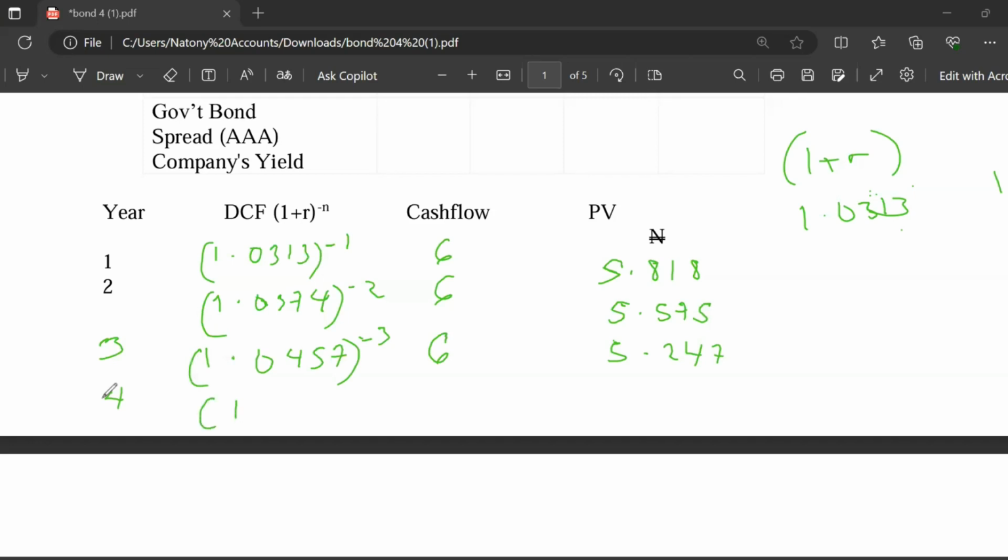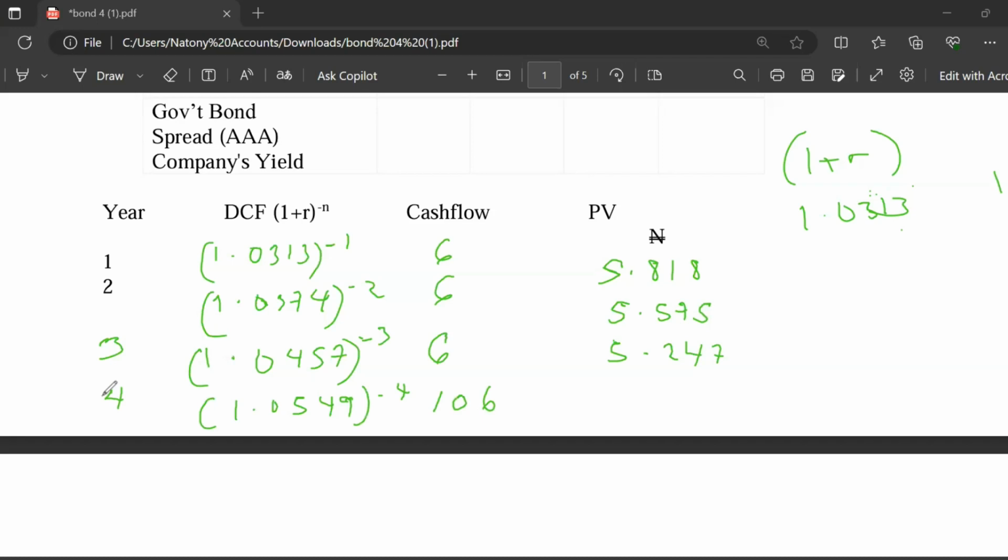So that becomes 1.0549 raised to power minus 4. So the cash flow for the final year will be 100, which is the principal repayment, plus interest of 6 naira. That will be 106.